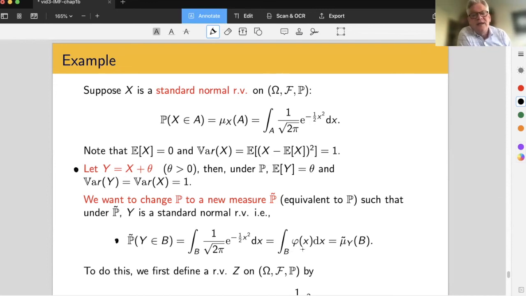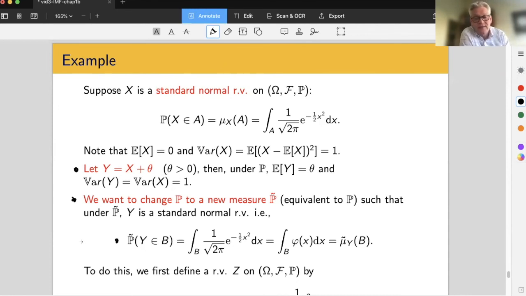This is just another way of writing it, and the book uses it this way. This is then the integral over B of phi(x) dx. That is the same, and that is then also the distribution measure of the variable under the new measure, the tilde, the distribution measure for B. So we want to change from P to P tilde in such a way that we change the distribution to Y being a standard normal random variable.